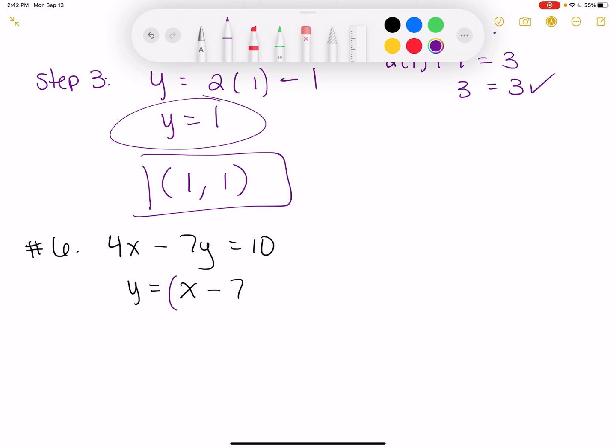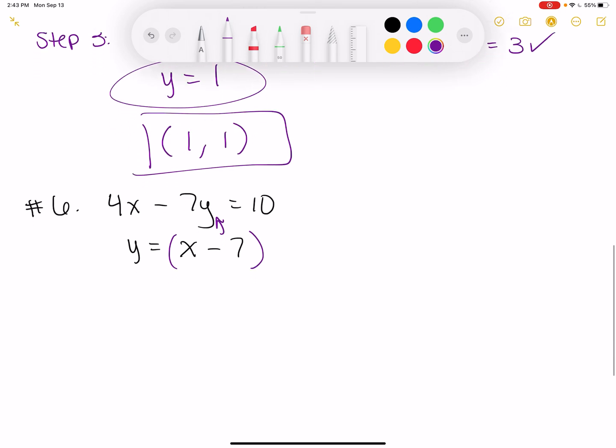All right, so x minus 7 is going in for y in that top equation. So I've got 4x minus 7 times x minus 7 is equal to 10. I ultimately need to get x by itself, but I need to do some stuff before I can do that. What is the first thing that I need to do with that left side?